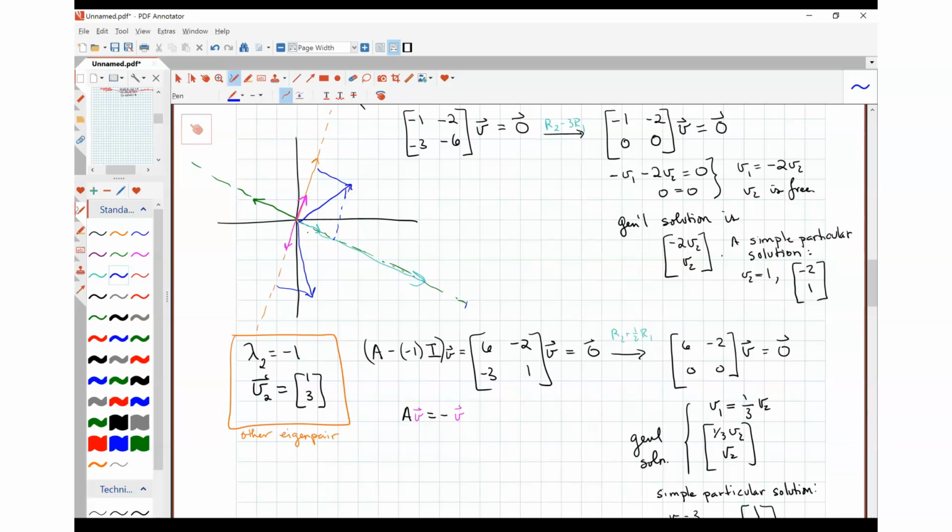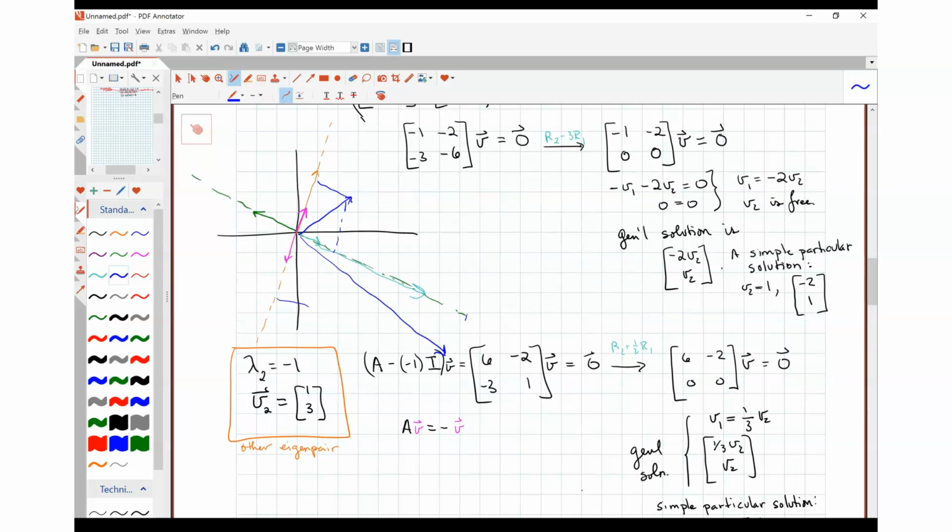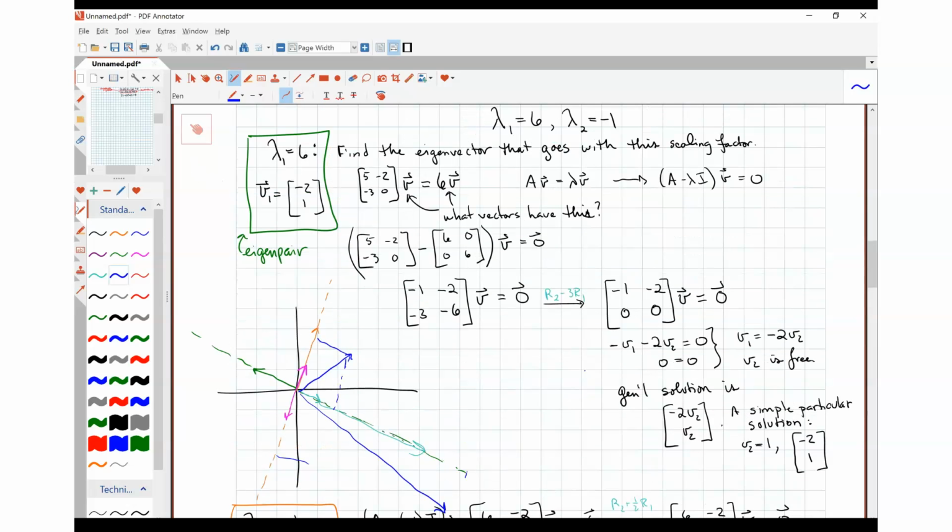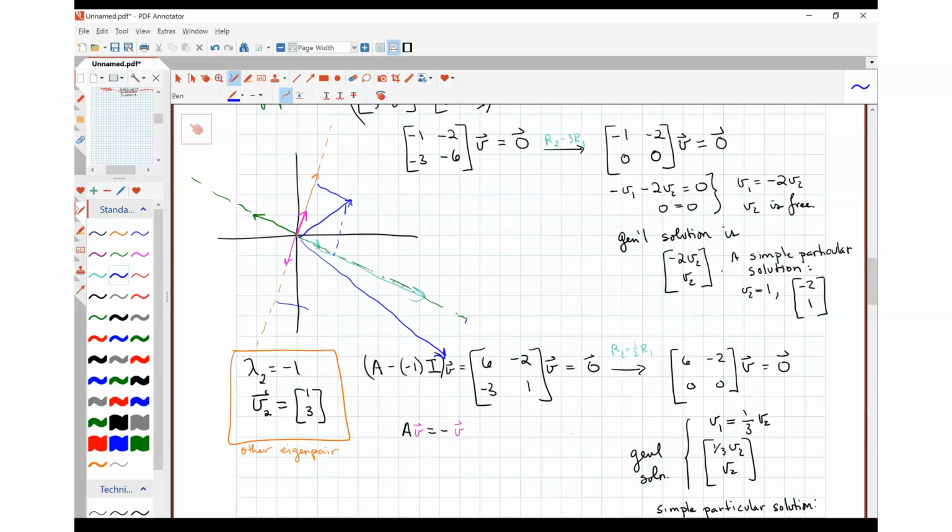So our resultant vector is going to be flipped to the other side of this green line and is going to be quite long, right? Because it's going to be the same kind of distance away from the green line, just on the opposite side, and it'll be 6 times as long as it is according to the green line. So those are our 2 eigenpairs. That's something that they can tell us about how the linear transformation behaves.